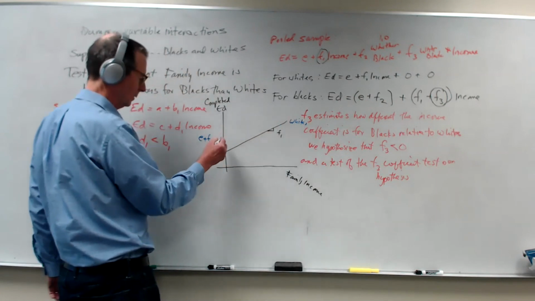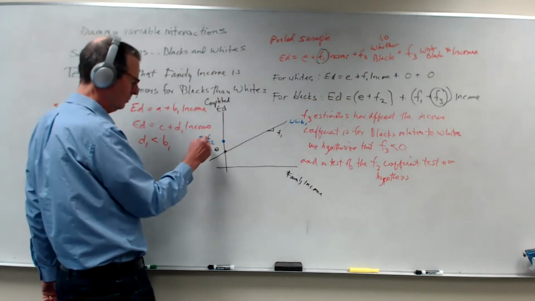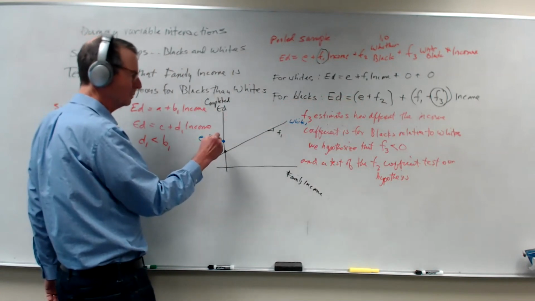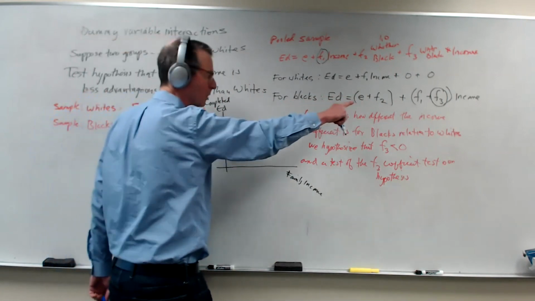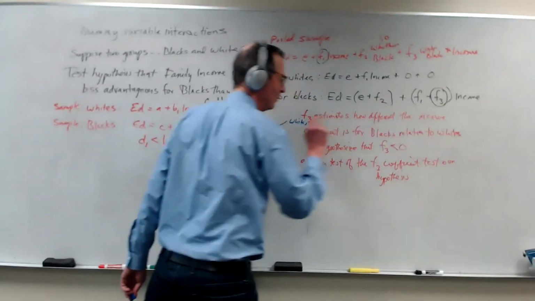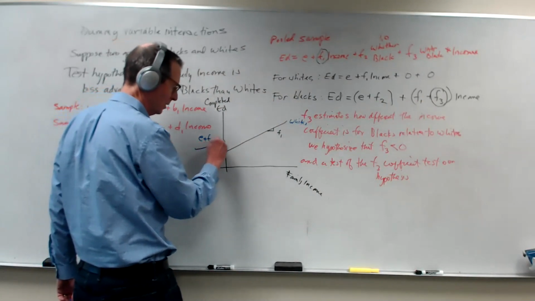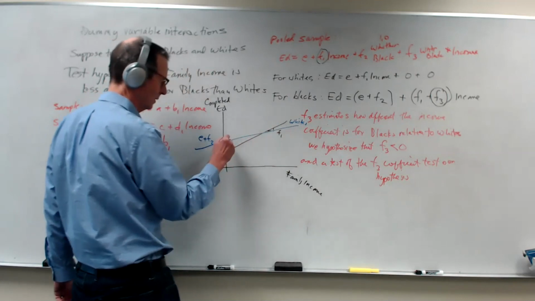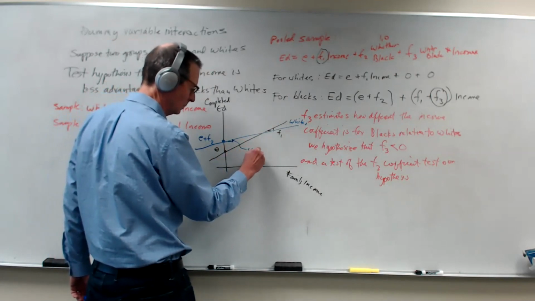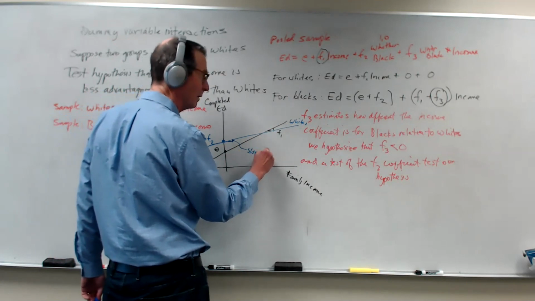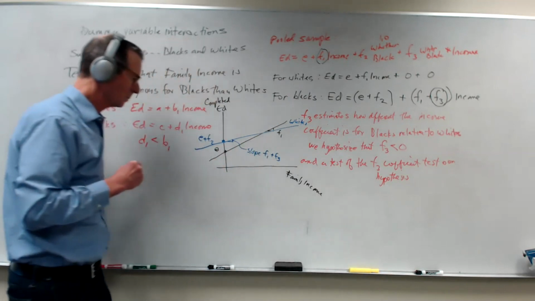For blacks, we're going to have the possibility of different constants. It's going to be higher or lower. In this case, we'll assume F2 is positive. And we could have a different slope too, a slope that differs by F3. So suppose that it's something like that. And the slope is going to be F1 plus F3.